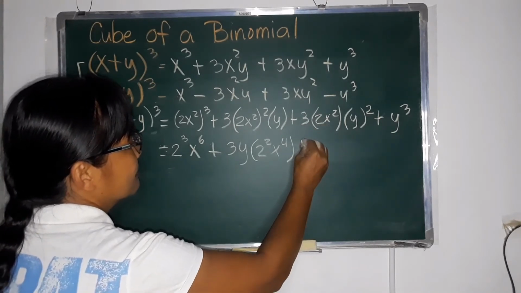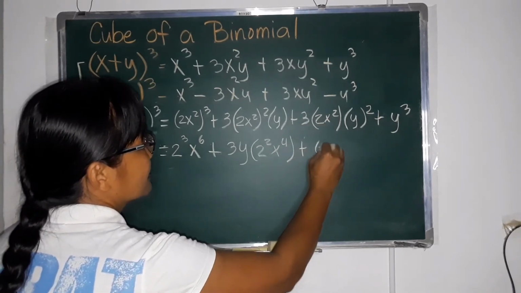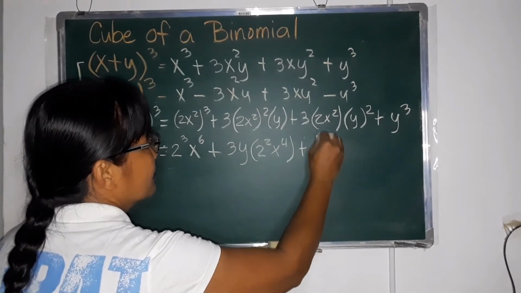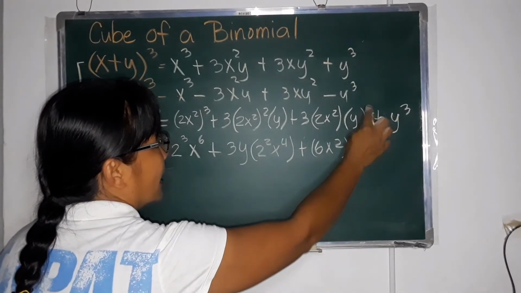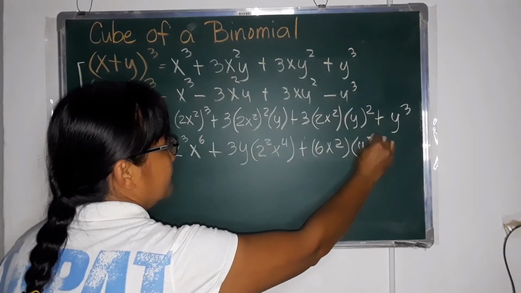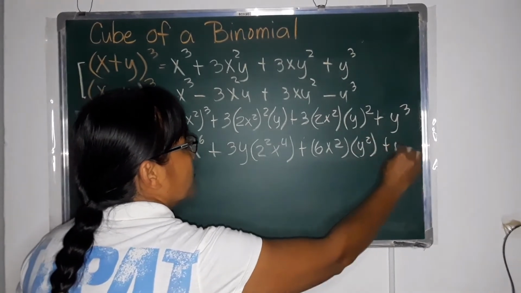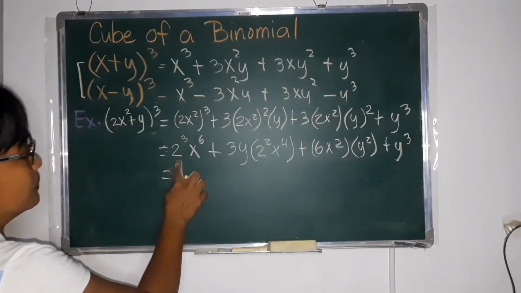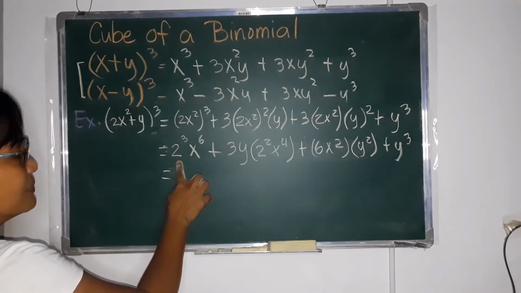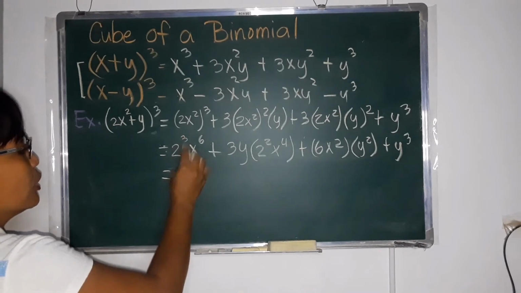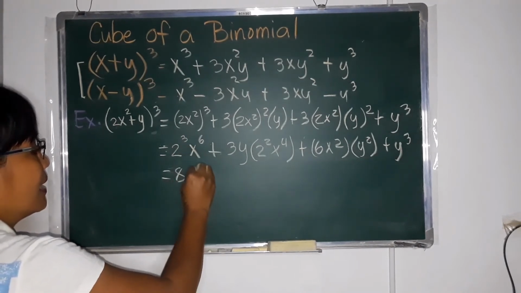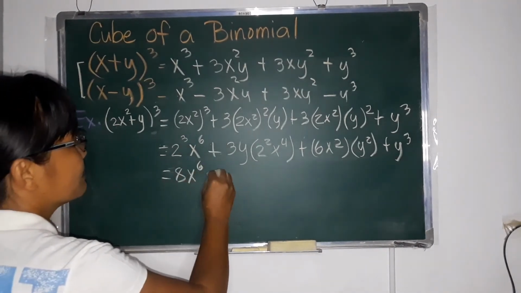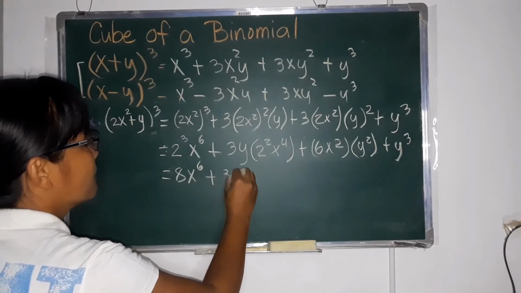See, 3 times 2 is 6x squared multiplied by y squared plus y cubed. Next, 2 times 2, 4 times 2, 8. Meaning to say, 2 cubed is equal to 8. x to the 6 plus 3y.